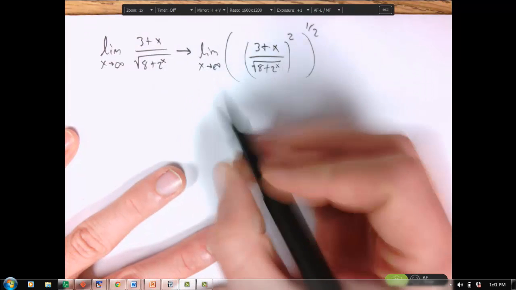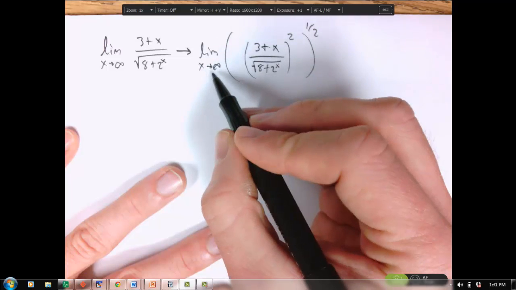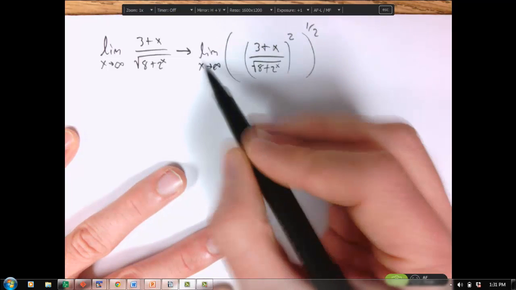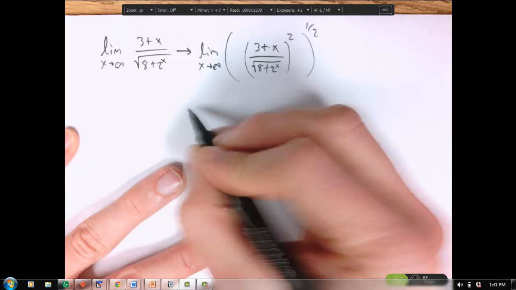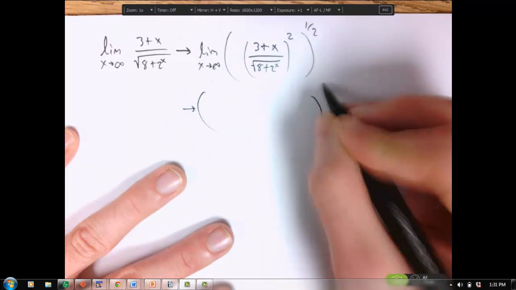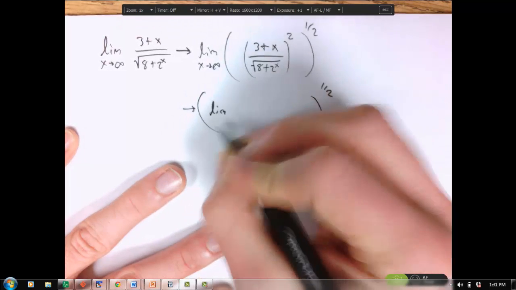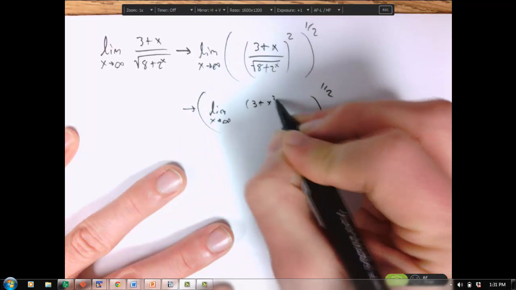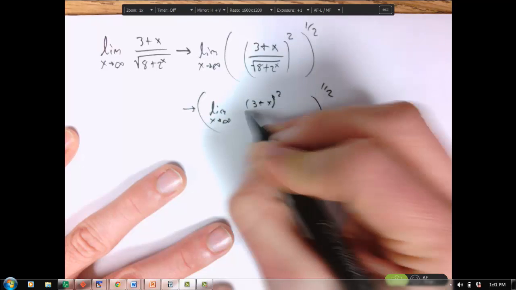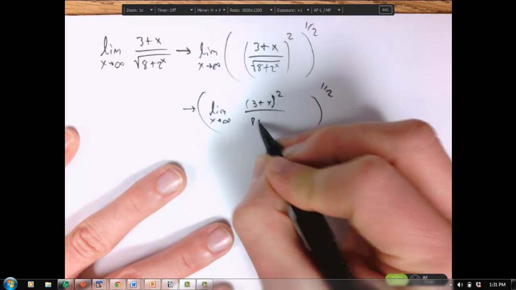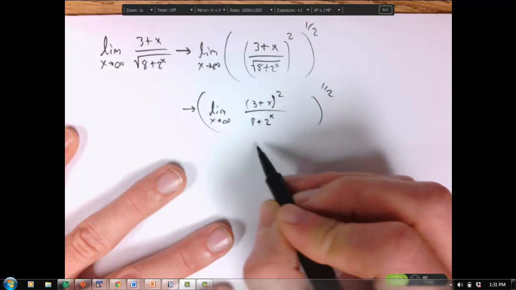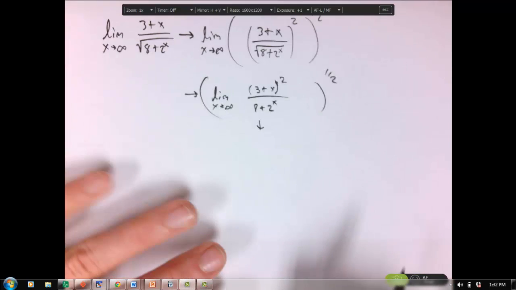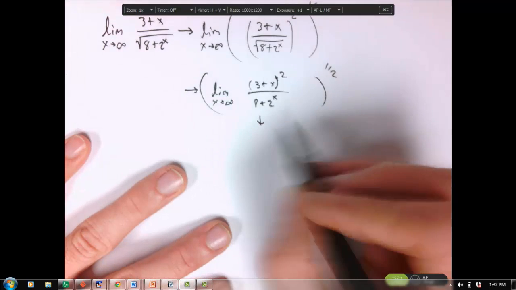So now, using my limit simplification theorems, I can bring the limit to the inside of the square root here. So this is the same thing as limit x approaches infinity of 3 plus x, quantity squared, divided by 8 plus 2 to the x. And now it becomes very easy to evaluate using L'Hopital twice.